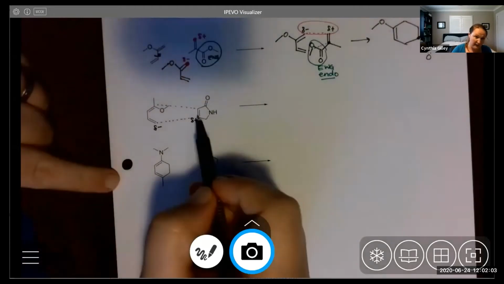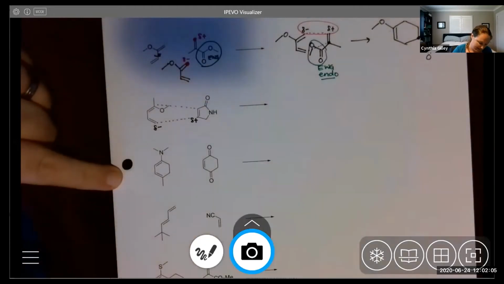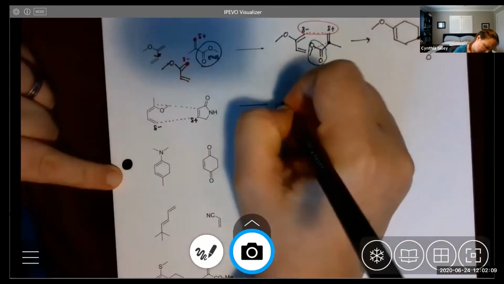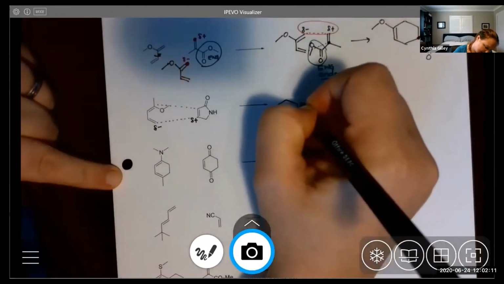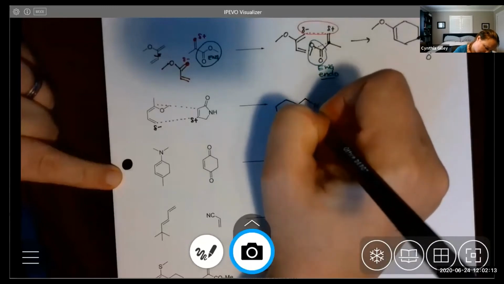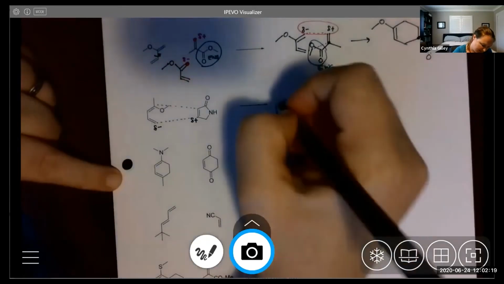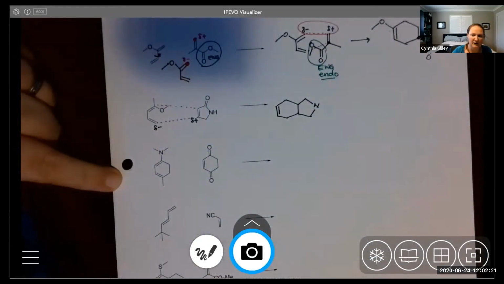Because this is a ring, I'm going to end up with a bicyclic structure. I will end up with a 6, 5. Sometimes it's easier just to sketch it in without stereocenters first and then worry about the stereochemistry.